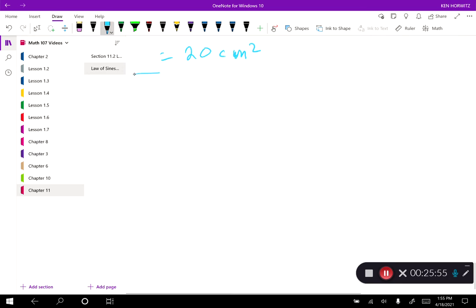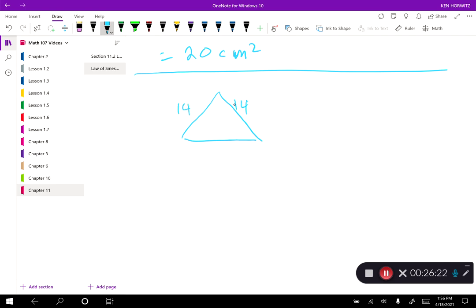Let's see. My example is: the area of an isosceles triangle is 49 inches squared, and the measure of the 2 sides is 14 inches each. Find the measure of the angle between the 2 sides. So here is my triangle.